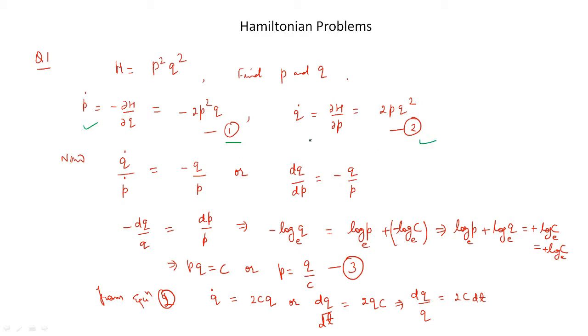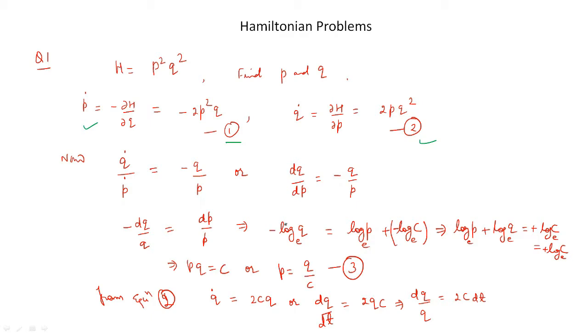If we divide equation number 2 by equation number 1, then we find that q dot upon p dot is equal to minus q upon p, or you can write it as dq/dt over dp/dt. So you can write dq/dp is equal to minus q/p. Now you can have it as minus dq/q is equal to dp/p.